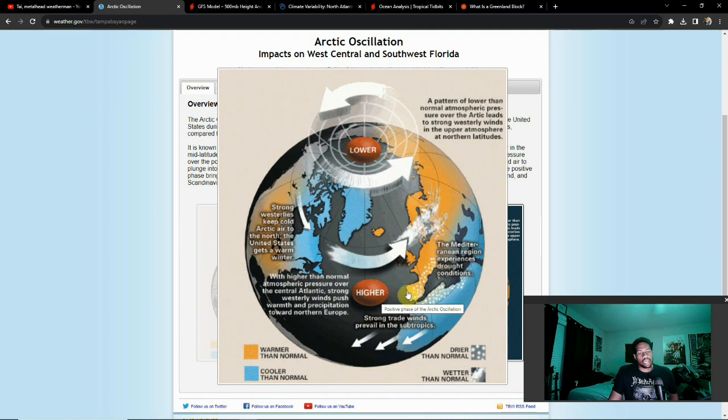We can actually see drier conditions out towards the Mediterranean regions, which could result in drought. And then also with the higher pressure dominant over towards the North Atlantic here, we could also see some stronger trade winds prevailing in the tropics. It could work against the tropics really starting to be active. It's not really prevalent as much at this point, considering the fact we're towards the end of hurricane season, but in tropical outlooks, this is definitely something to factor in.